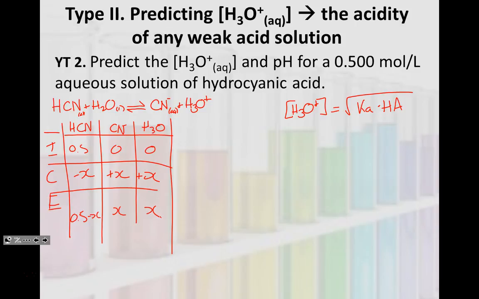So what you should have done here is take that 0.500 and divide it by the Ka for hydrocyanic acid. And so if you go to your chart, HCN is a pretty weak acid. It's down towards the bottom here. So the Ka value is 6.2 times 10 to the negative 10.